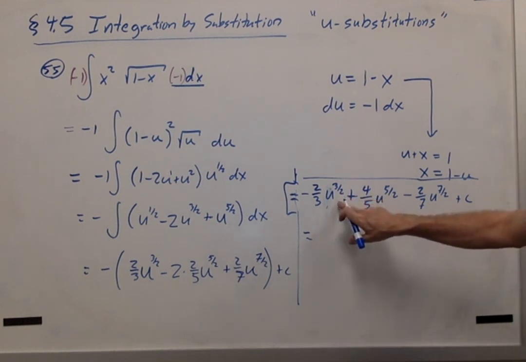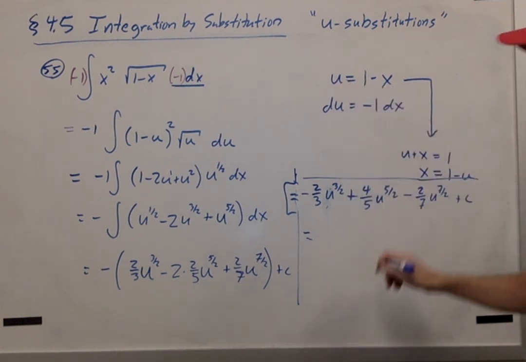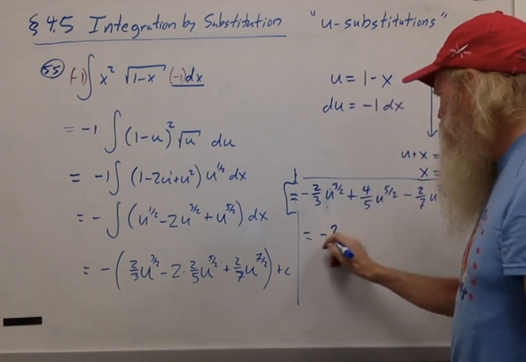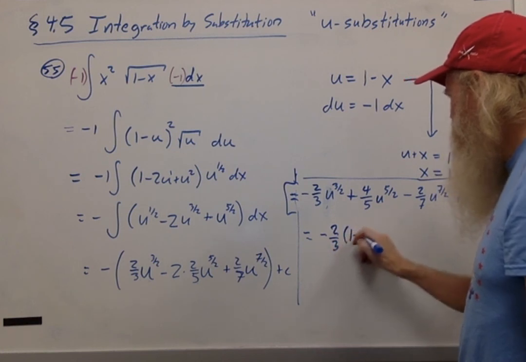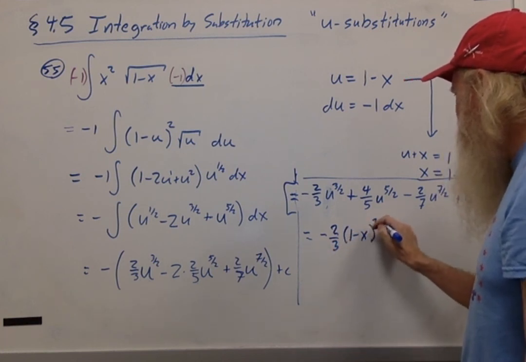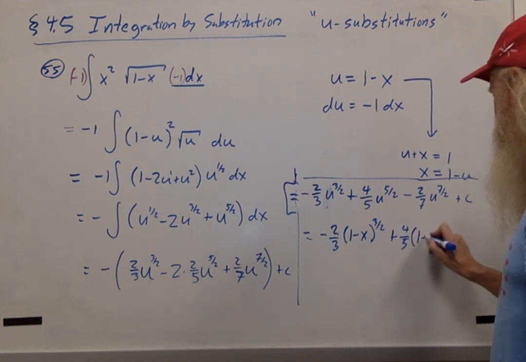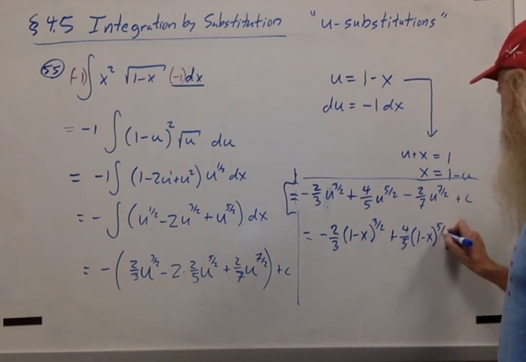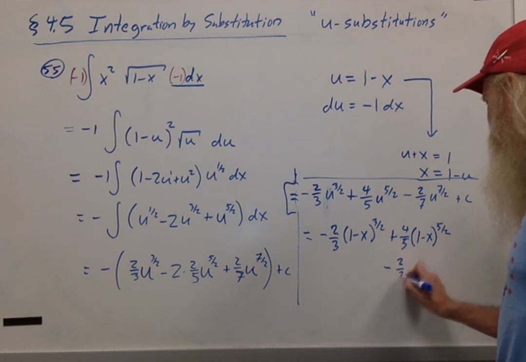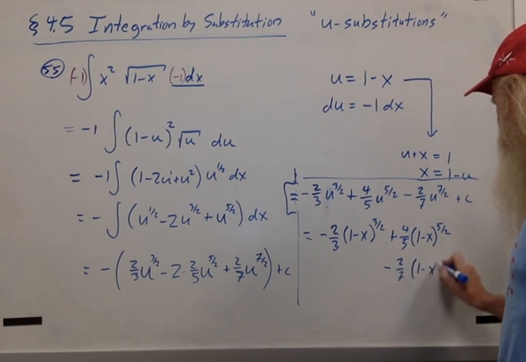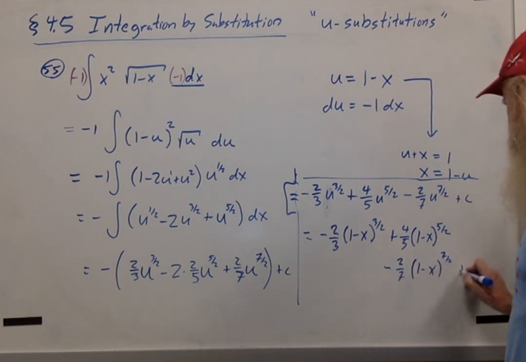And then I can substitute in that u is the same as 1 minus x. So I have negative 2/3 times 1 minus x to the 3/2 plus 4/5 times 1 minus x to the 5/2 minus 2/7 times 1 minus x to the 7/2 plus c.